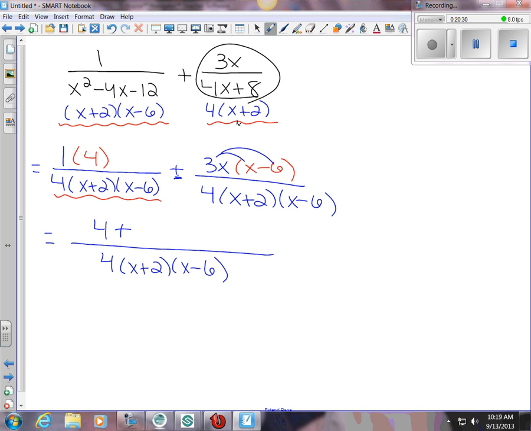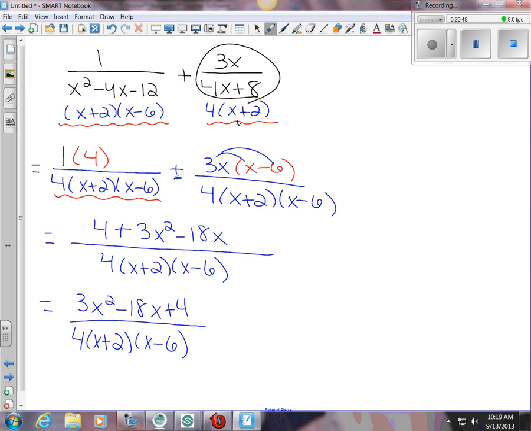Right, now we distribute. 3x squared minus 18x. Last step is just to rewrite it pretty. You would see if the numerator would factor. It doesn't, so that's it. Or try another one.